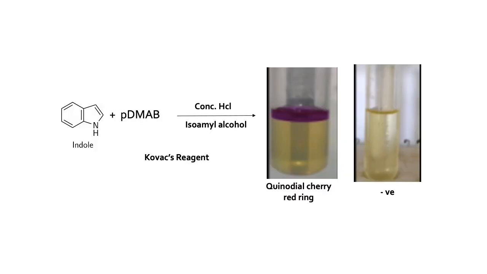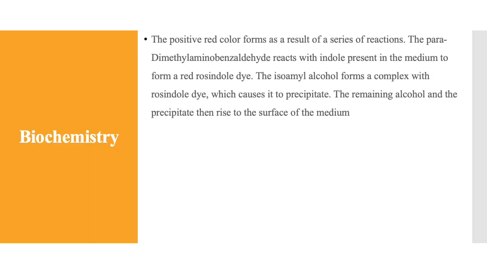Now here in this picture you will find the formation of quinoidal cherry red coloring at the top of the broth, indicating the indole production test is positive. Friends, the positive red color forms as a result of a series of reactions.